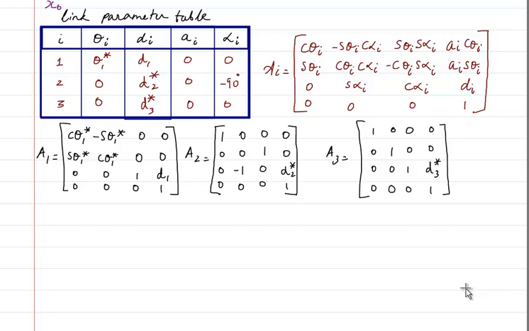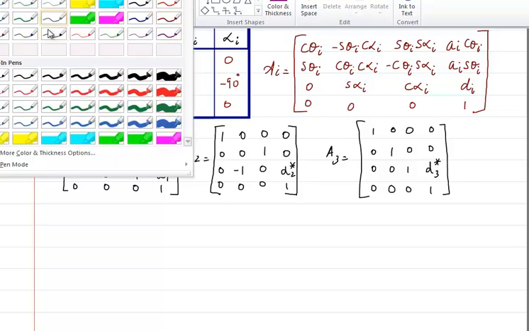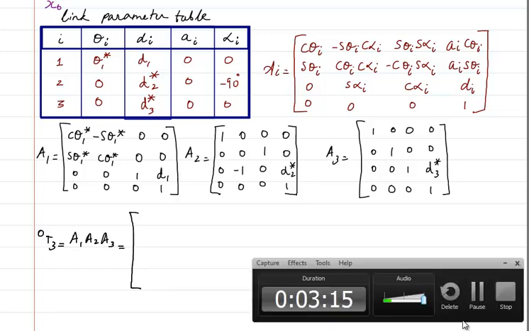If you are going to multiply all the three of them, that means if I am trying to find out 0T3, which is actually the multiplication of A1, A2, A3, I will get a combined matrix, which will look something like this.